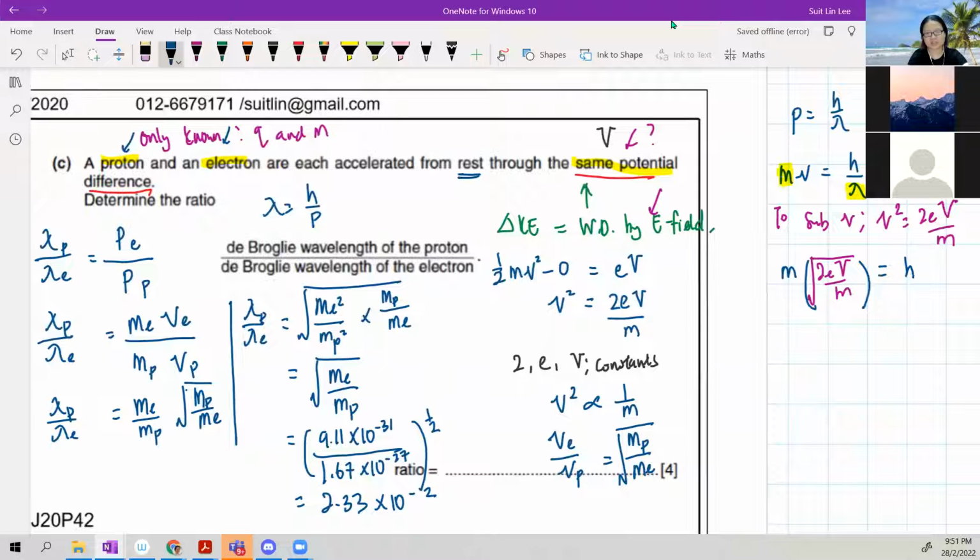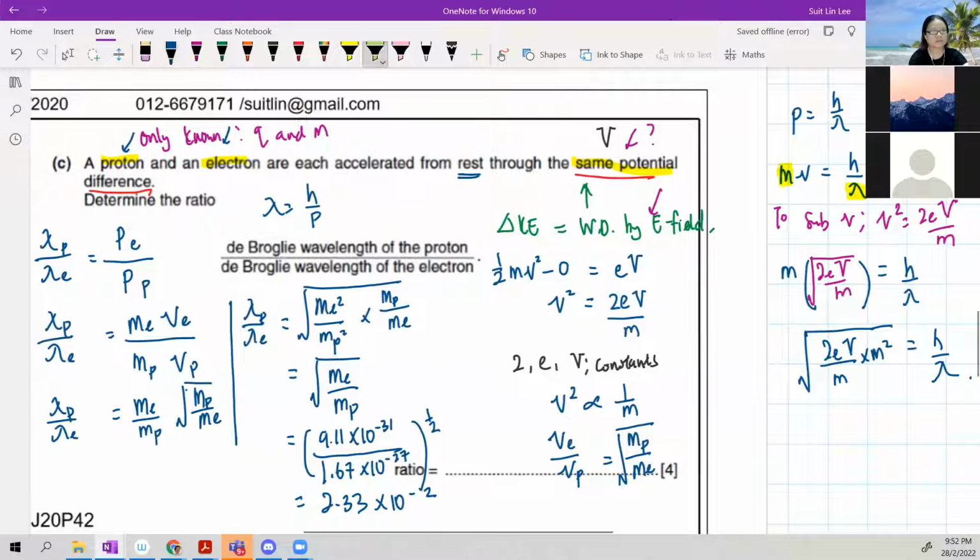This is H over lambda. We do some simplifying. This is 2 EV, and then you bring the M inside, it is M square, right? This M square I put here. So what you have left is square root of 2 EV M square is H over lambda.